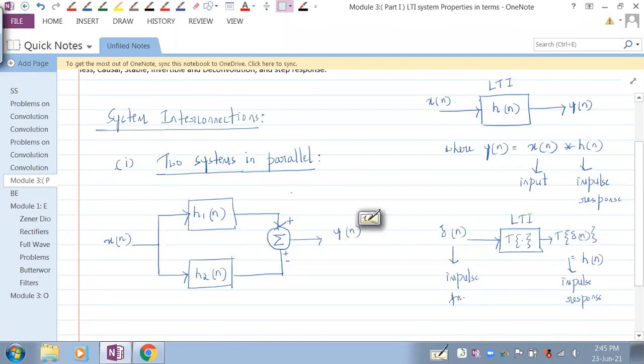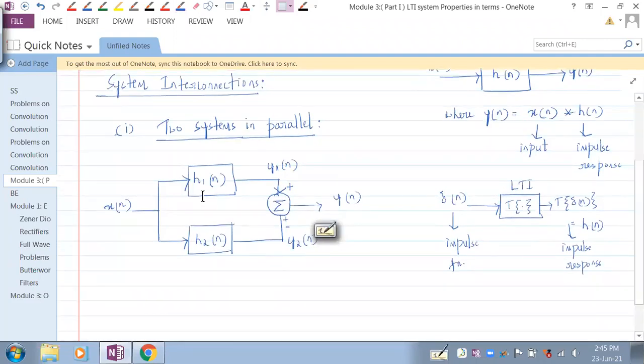Let the output of LTI system 1 be y1 of n and the output of LTI system 2 be y2 of n. Understand? So this is how we have to interconnect the systems if we are asked to interconnect them in parallel. We apply the same input and the outputs of both the LTI systems are added.